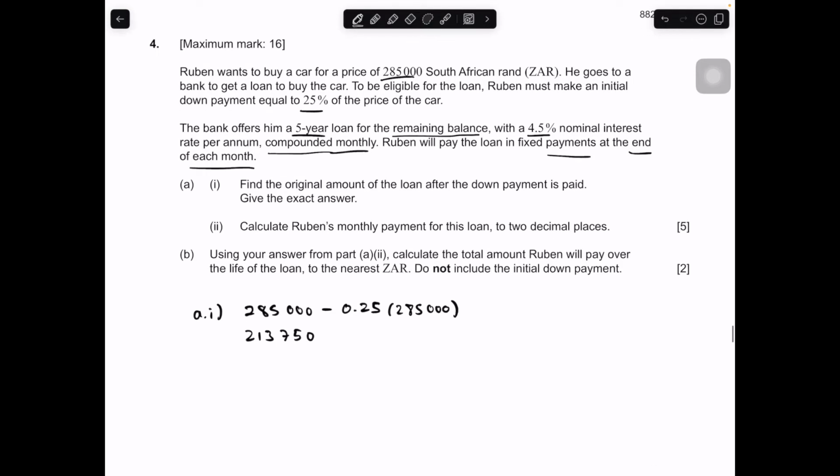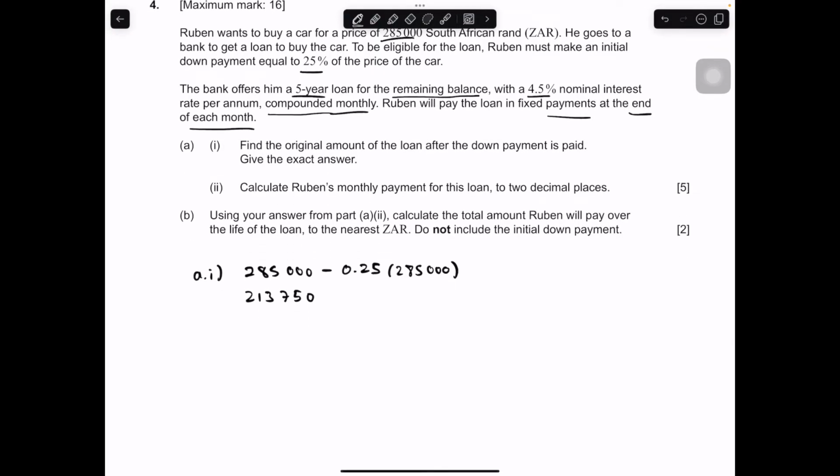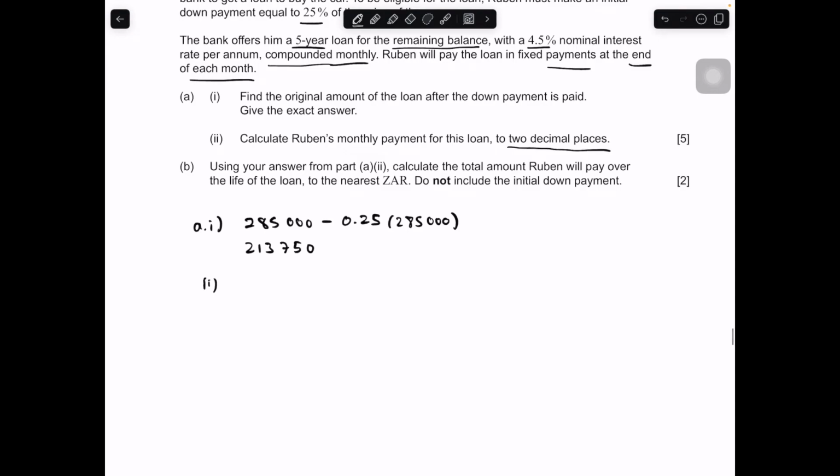Part 2, calculate Ruben's monthly payment for this loan to 2 decimal places. Okay, so to 2 decimal places. Alright, so since we're making monthly payments, we'll need to use the financial solver. We can't use the compound interest formula or anything like that. So let's go ahead and write down each of the values here.